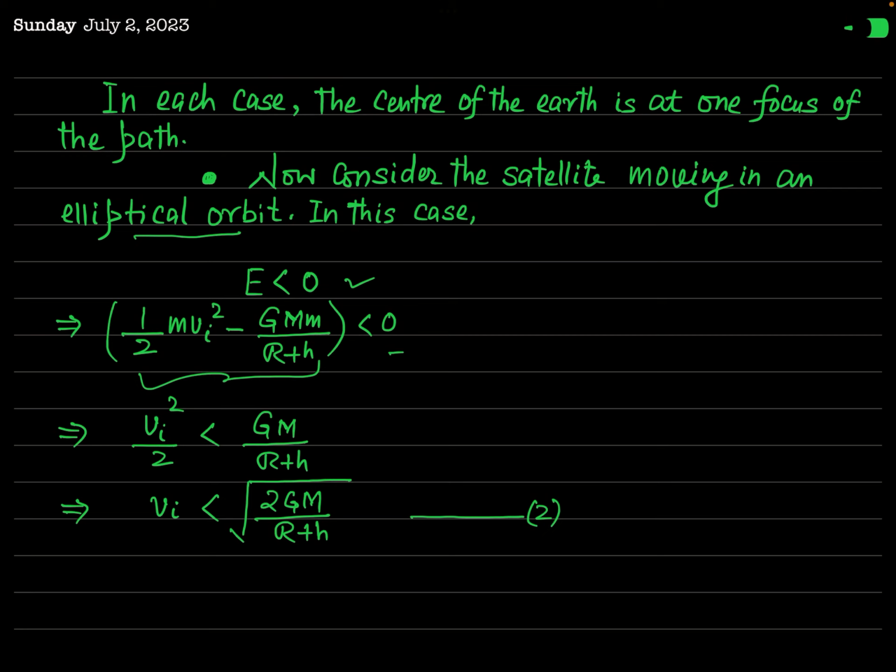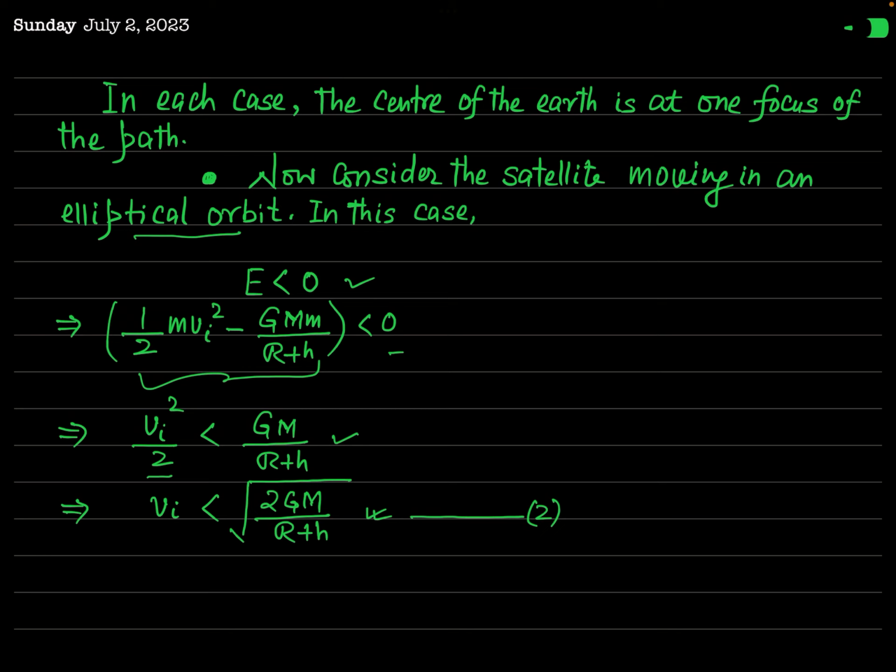It means half m vi squared is smaller than GMm by r plus h. m is a common factor and will be removed. So vi squared by 2 will be less than GM by r plus h, and so vi will be smaller than the square root of 2GM by r plus h.